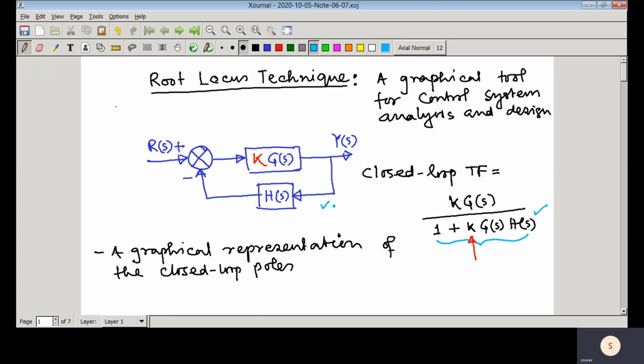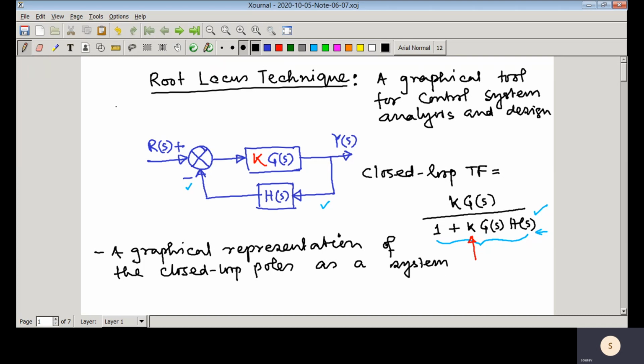If this is the feedback structure with negative feedback, and K is the parameter that is varying, then the characteristic equation is 1 plus K G(s) H(s), and when K is varied, the graphical representation of the closed loop poles is known as root locus.